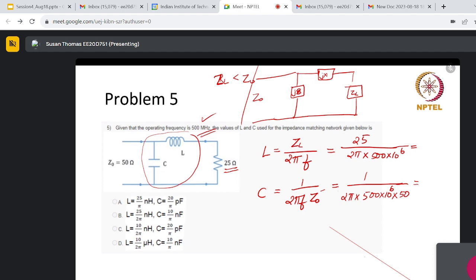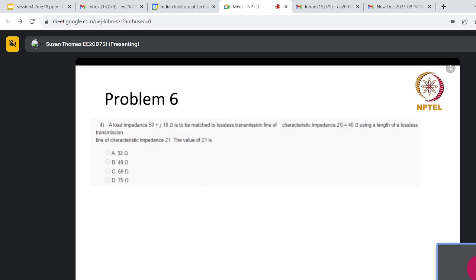Option A. So here if you solve, yes, you will definitely get it as 25 by pi, as you can see here, it becomes nanohenry. And here you will get 20 by pi picofarad. So I think the L section network and how to find the inductance and capacitance is clear.